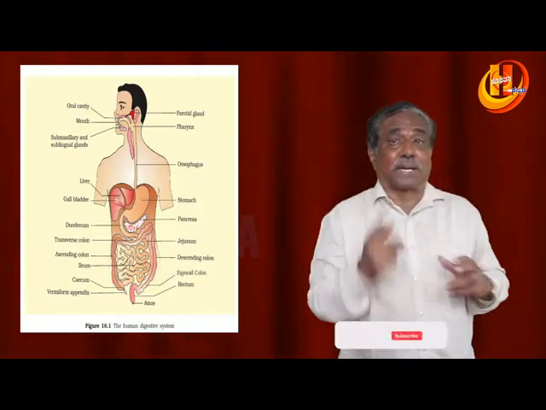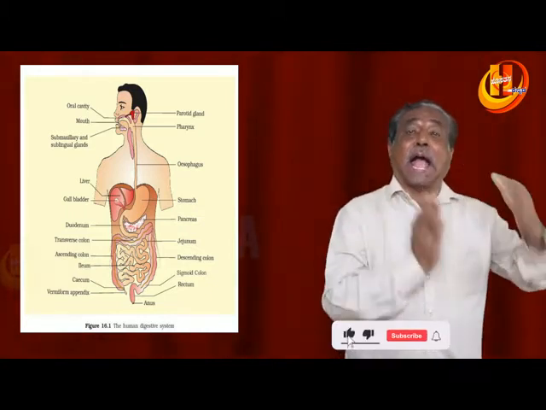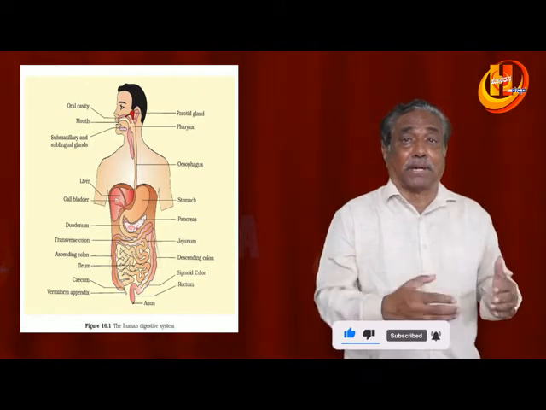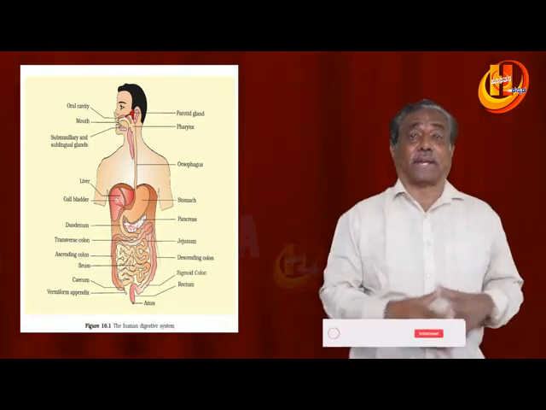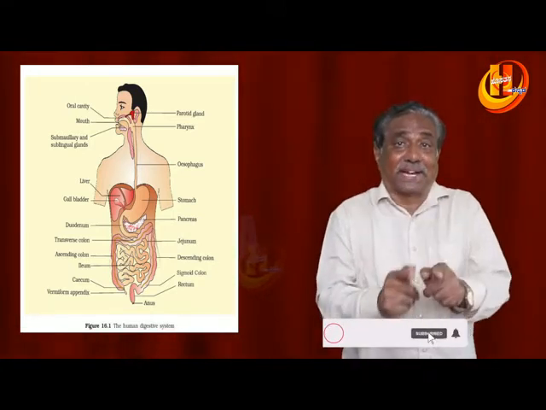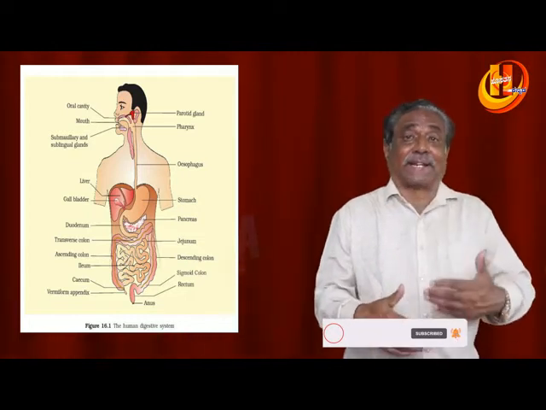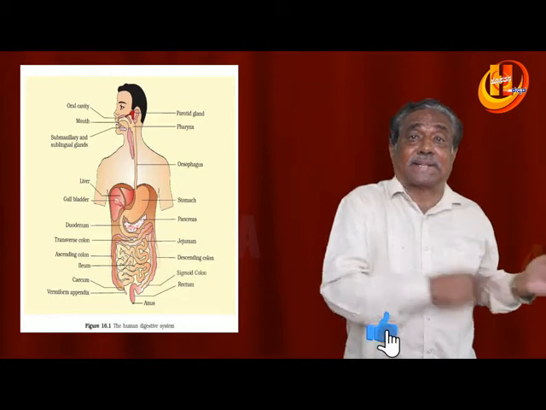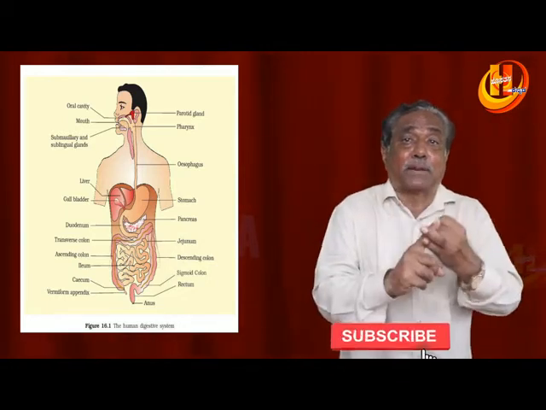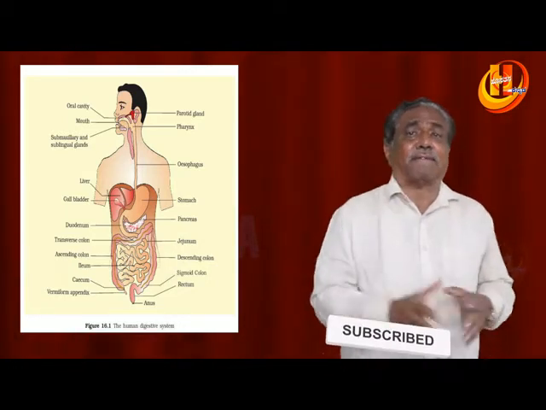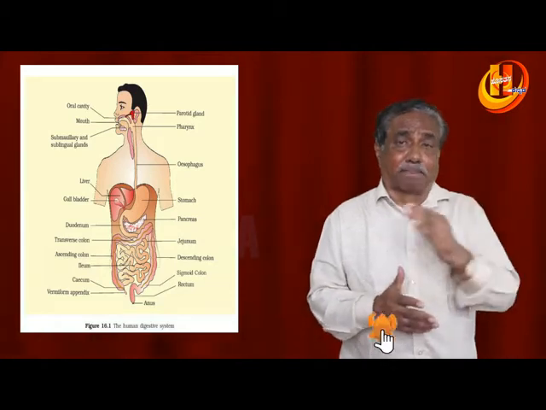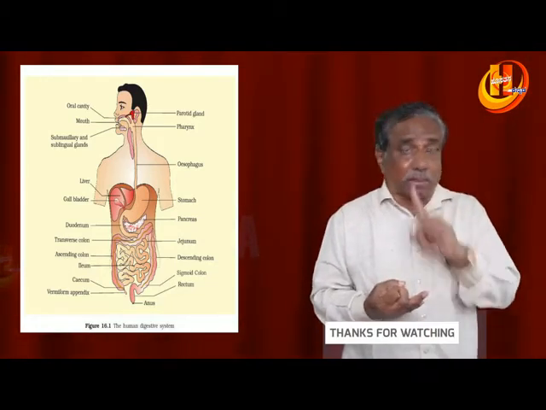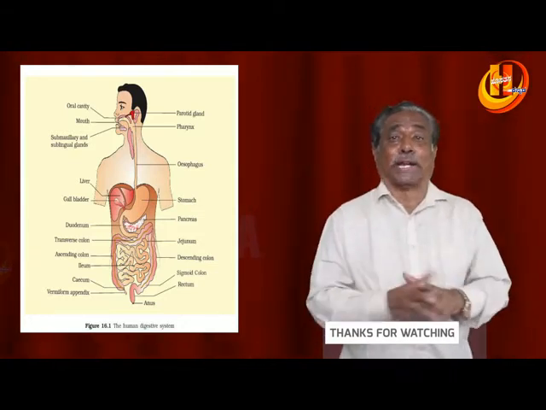Trypsin and chymotrypsin are the proteolytic enzymes that act upon the peptones and proteoses, converting them into polypeptides. This is very important. And procarboxypeptidase gets activated into carboxypeptidase that acts on polypeptides, converting them into dipeptides, tripeptides, which is very, very important. Each step is important. Thus, trypsin, chymotrypsin and carboxypeptidases are the proteolytic enzymes.